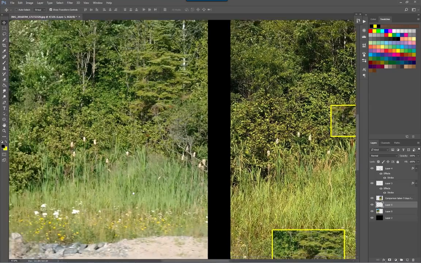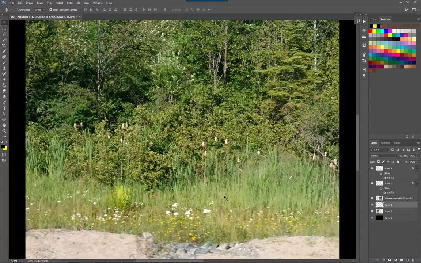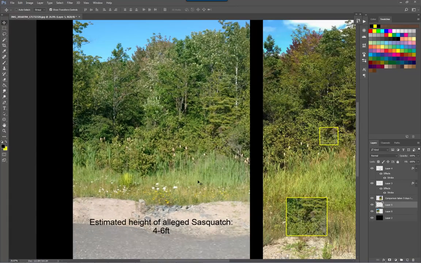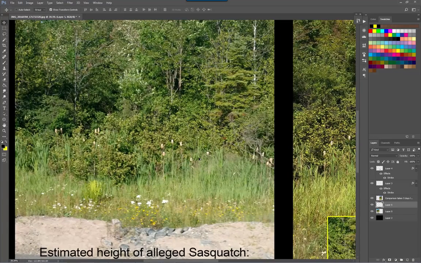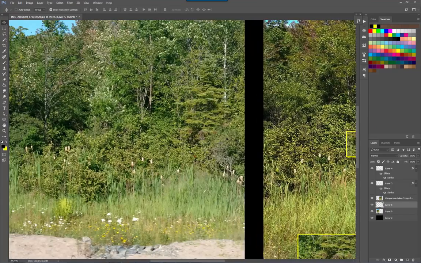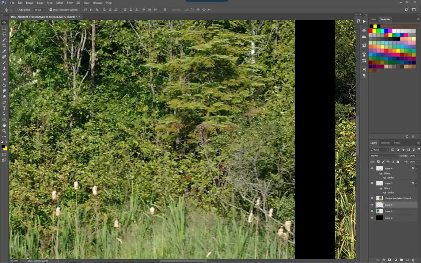And the thing is, yeah, it also looks quite small, but that could be that it's juvenile, or it could also be that it's just sometimes deceiving the distance. You know, when you look at it straight on, it's hard to tell. I was told that this is approximately the height of where this individual is.